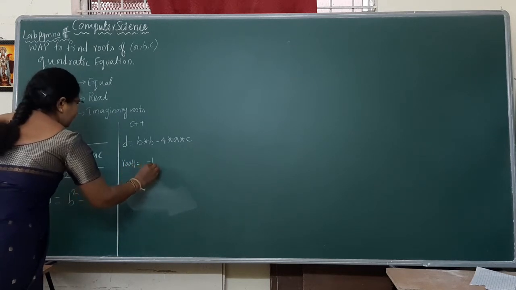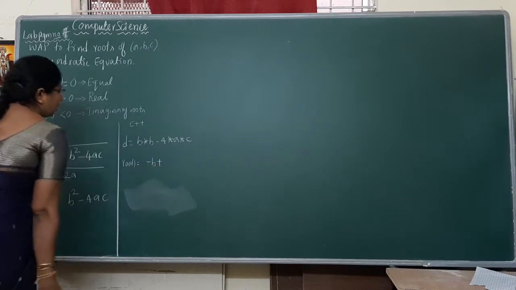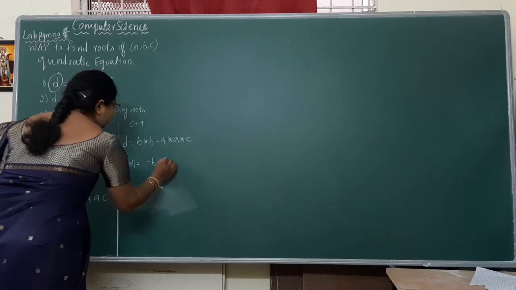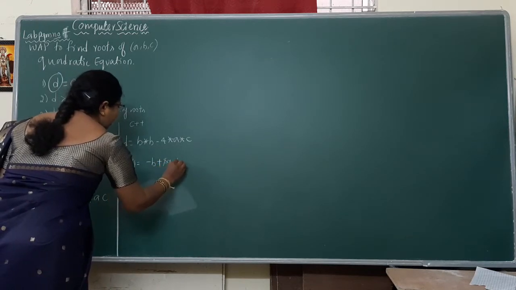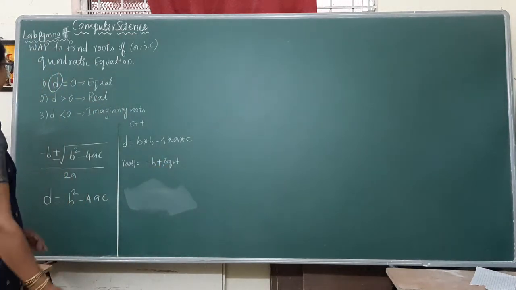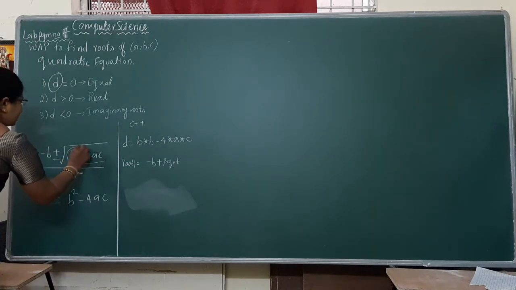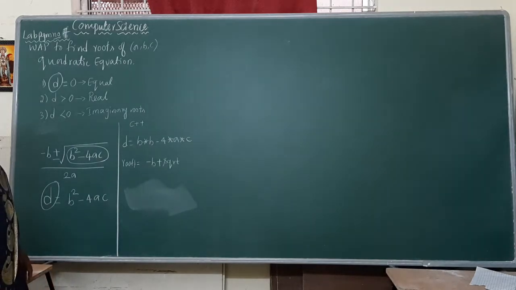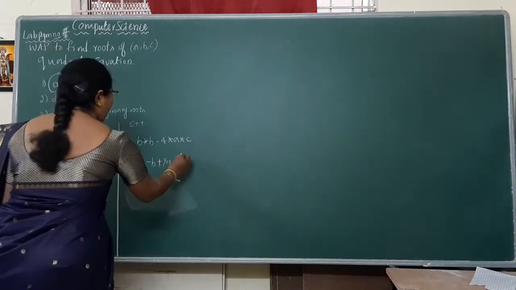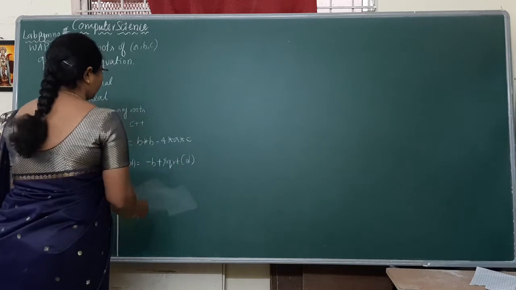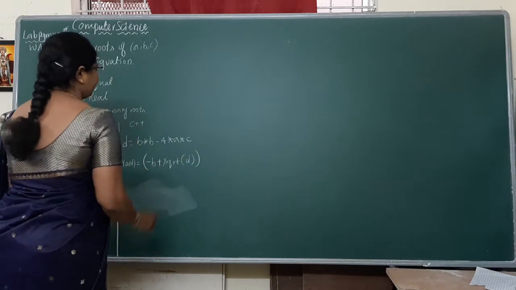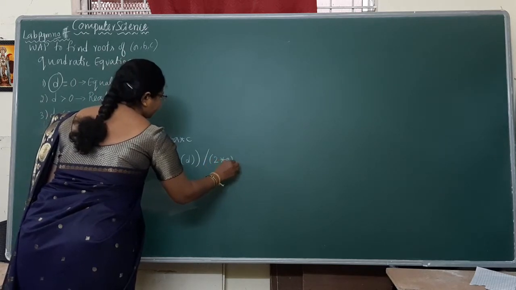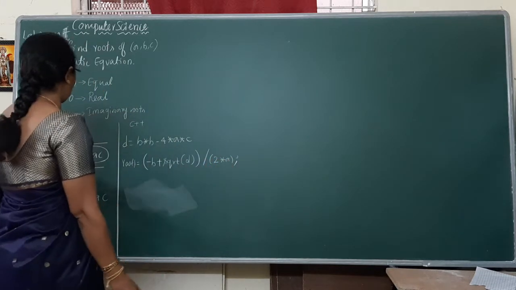to minus B plus, how to write square root? Yes, with the help of the mathematical function sqrt. Inside, I have B square minus 4AC, which I have calculated and stored in the variable D. Square root of D, whole divided by 2 into A. Did you get how to write the minus root?